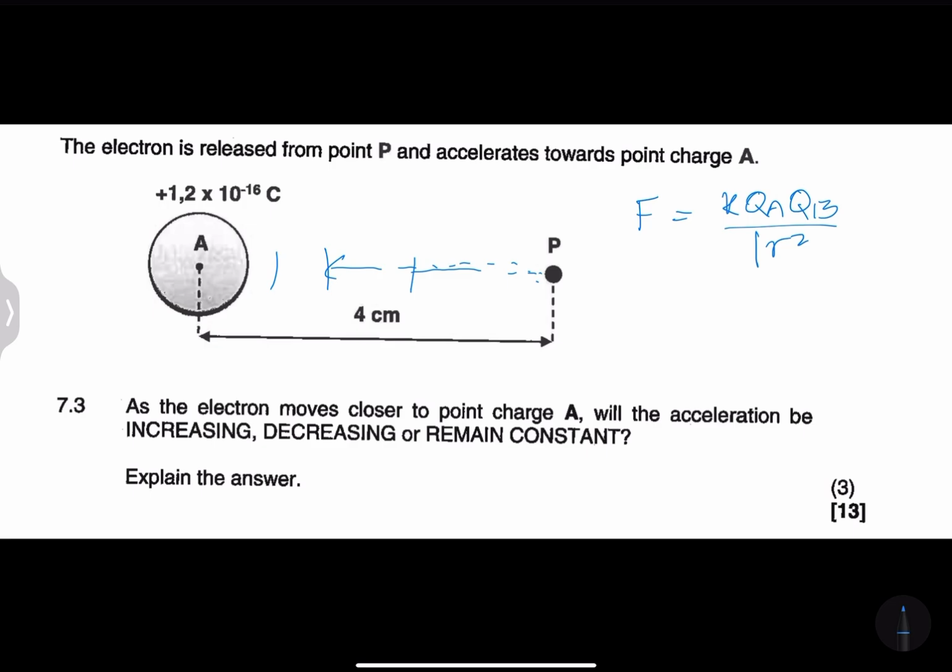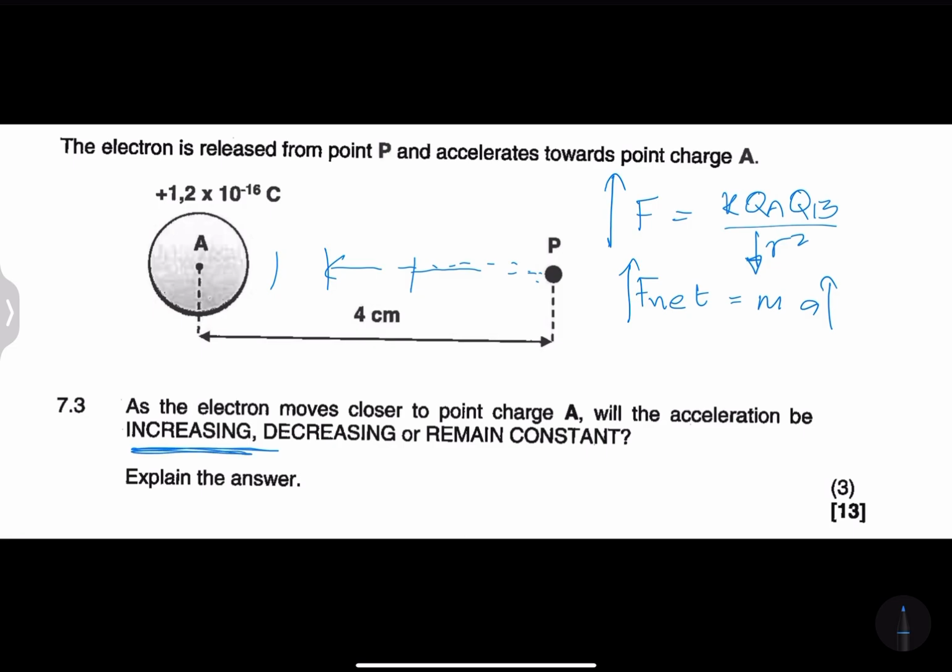It means the smaller that distance becomes, the greater that force becomes. Remember that F net is equal to m times a. So if we increase the force, the acceleration also increases. That's what they wanted to find out: will the acceleration be increasing? Definitely it will be increasing.